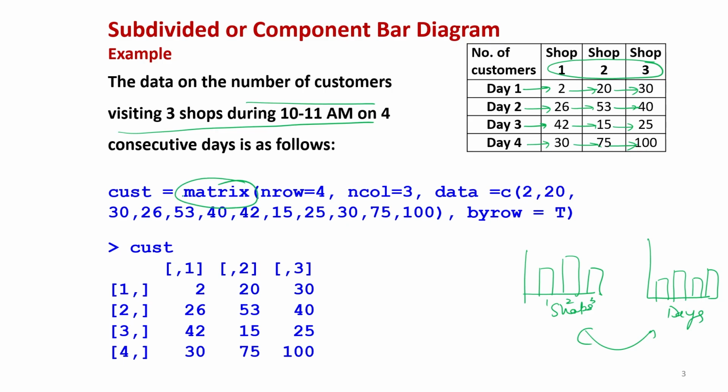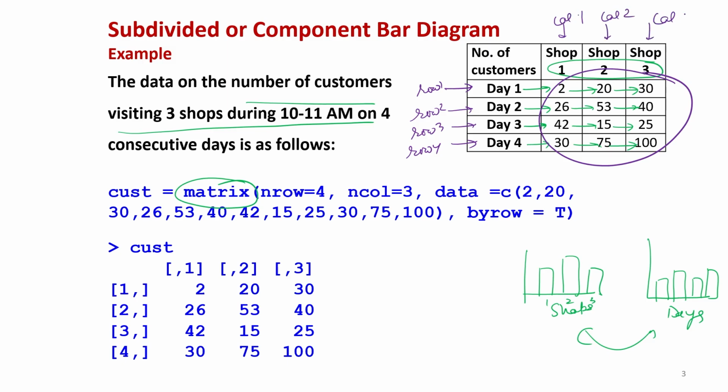You can recall that in the beginning of the course we discussed how to enter data in a matrix format. There I told you that we will be using this concept. Now you can see how the data looks. This is row 1, row 2, row 3, row 4, and you have column 1, column 2, and column 3.